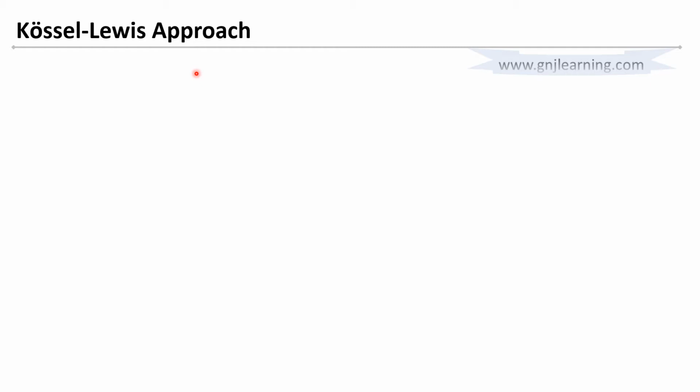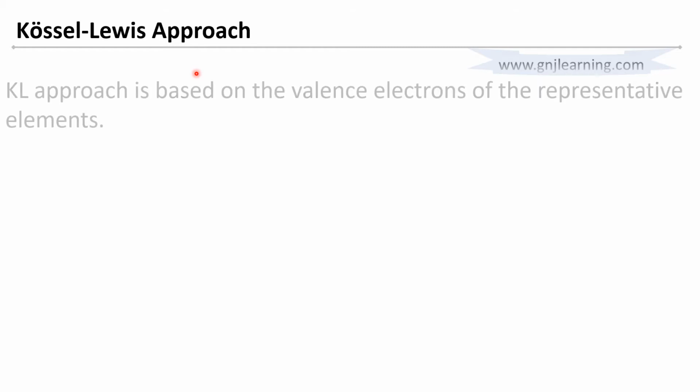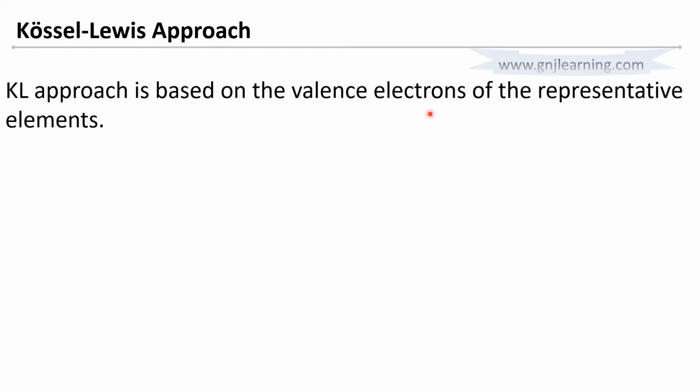The Kössel-Lewis approach is based on the valence electrons of the representative elements, and we have seen about the valence electrons in the previous chapter, that is periodic classification of elements.